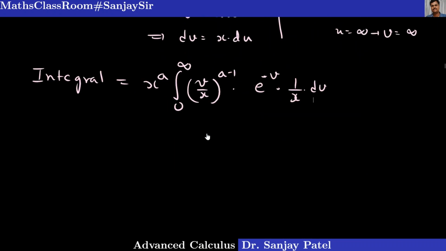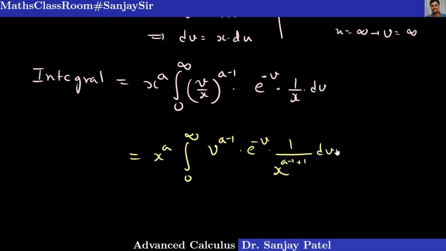Simplifying this, what we'll get here is x raised to a integral 0 to infinity v raised to a minus 1 into e raised to minus v into 1 upon x raised to a minus 1 plus 1 dv.